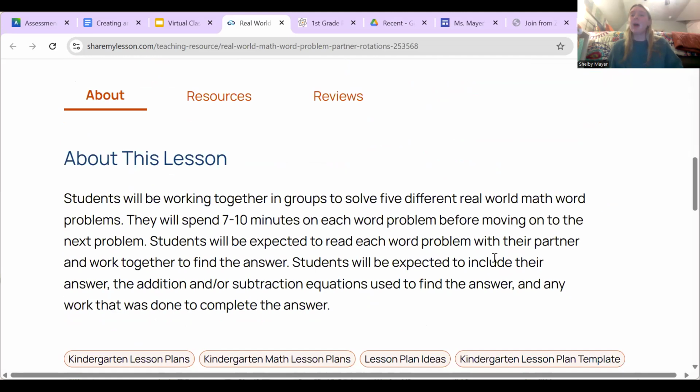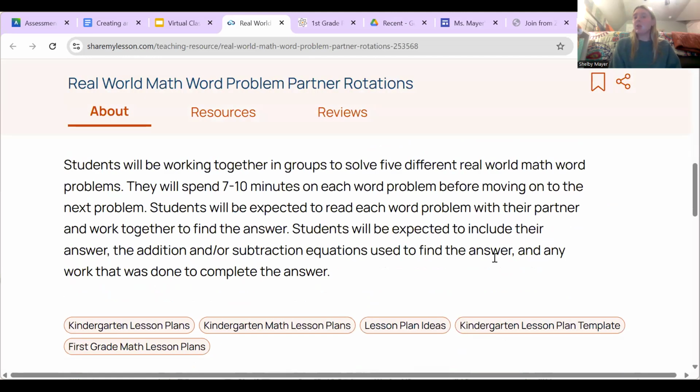About this lesson, I thought I would read it to you so you can get a better understanding of what this lesson is and what you're doing. You will be working together in groups to solve five different real-world math problems. You'll spend 7 to 10 minutes on each word problem before moving on to the next problem. You're expected to read each word problem with your partner and work together to find the answer.